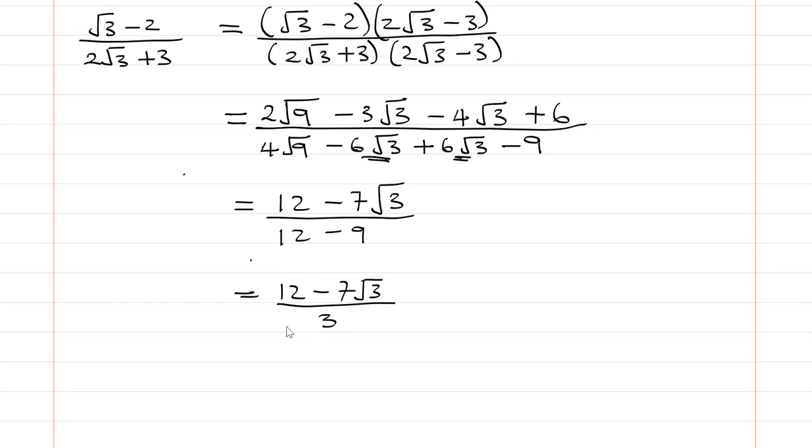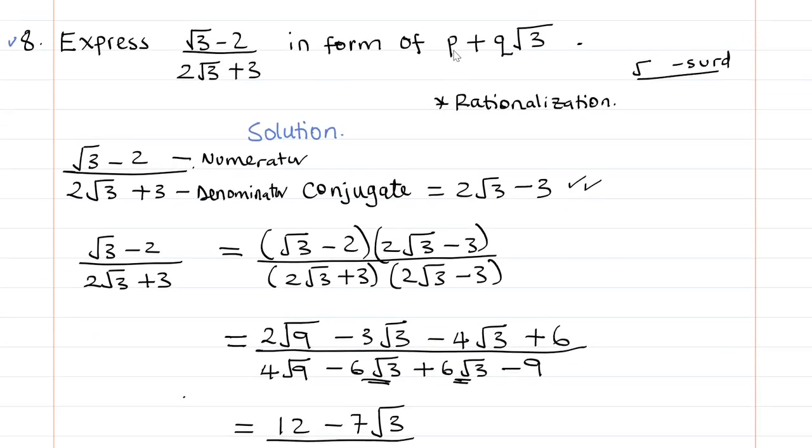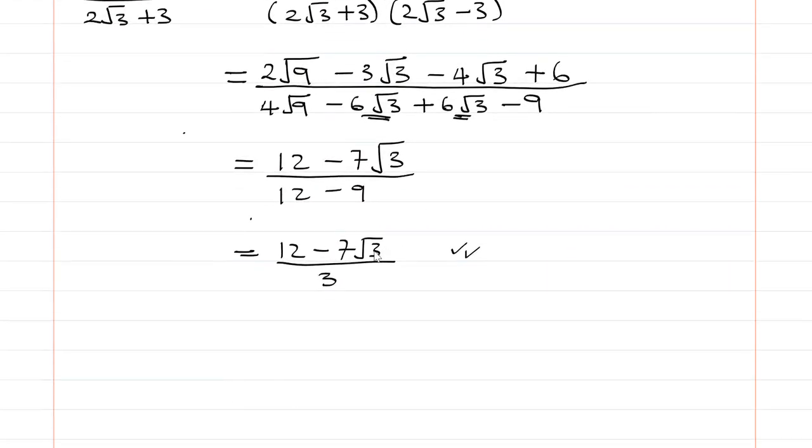This is the answer, but remember we were asked to write it in a certain form, in the form of p plus q root 3. We see root 3 already here, so we are almost there. Simply we need to distribute the denominator. This is the same as 12 over 3 minus 7 over 3, and this 7 has root 3 attached to it.